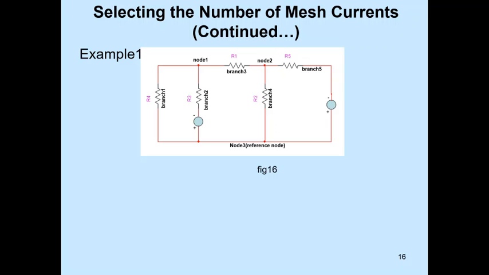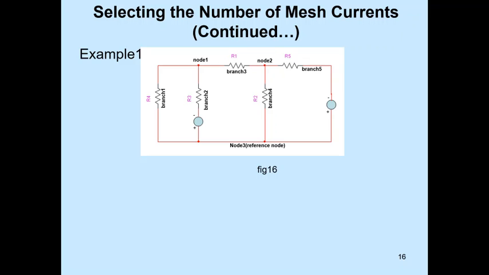Now I am going to take one example. In this, see how many branches are there? First observe that. So here there are 1, 2, 3, 4, 5 branches, and 3 nodes. They are identified as node 1, node 2 and node 3, and node 3 is the reference node, and there are 5 branches.